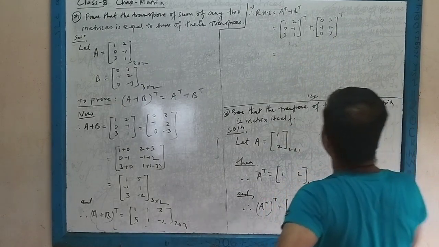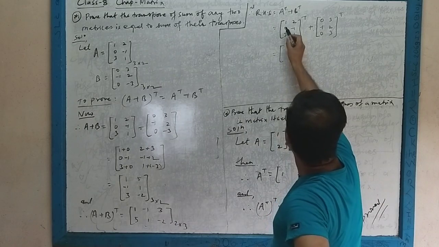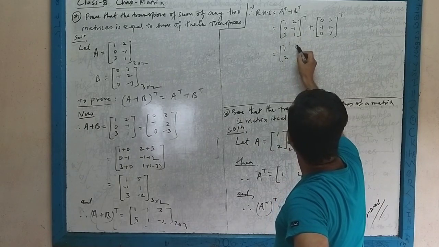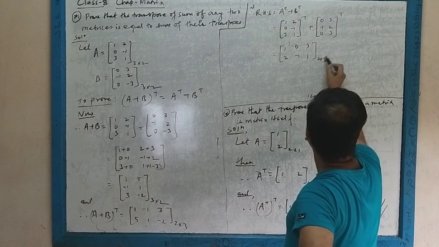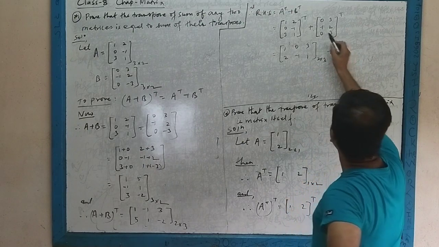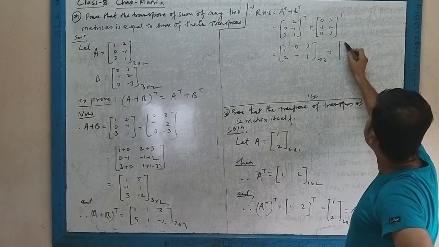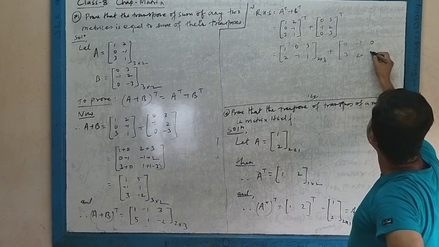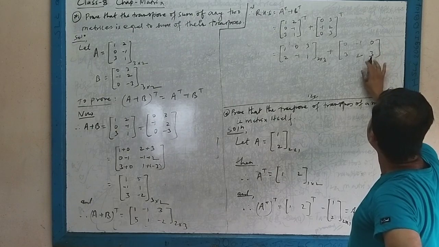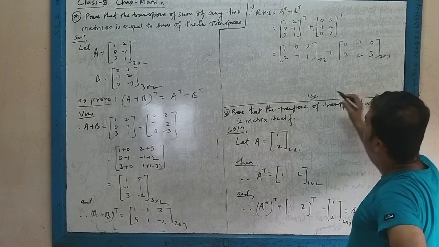Now do the transpose. The first row goes into the first column: 1, 2, 0, minus 1, and 3, 1. That is 2 rows, 3 columns. Plus its transpose: rows change into columns, 0, 3, second row to second column, minus 1, 2, and 0, and 3. Okay, 2 rows, 3 columns.